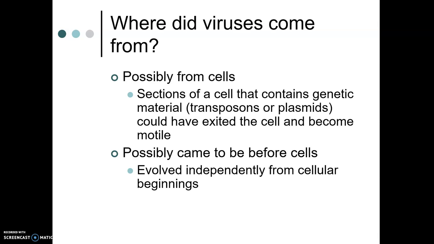The problem with this theory is it's almost like the chicken or the egg, because viruses require cells in order to keep producing more viruses, because viruses are cellular hijackers. So how could viruses come before cells if they need cells in order to, quote unquote, live their lives? So there's definitely an issue with this theory as well.